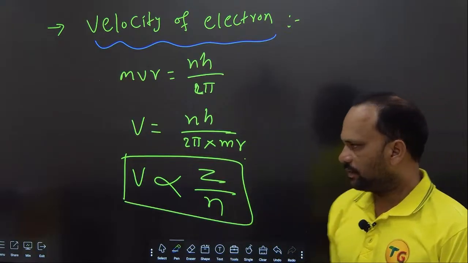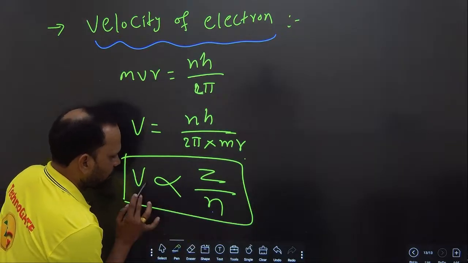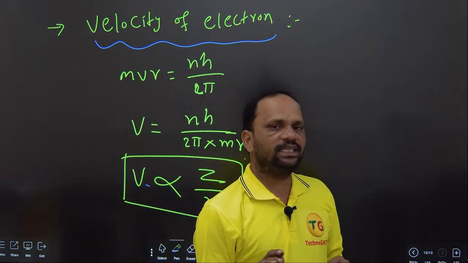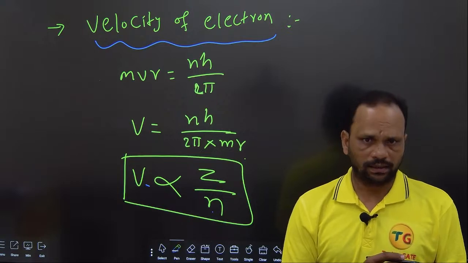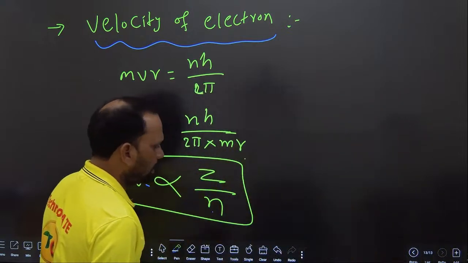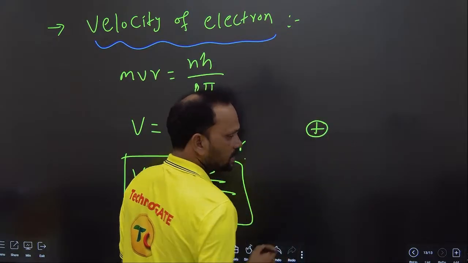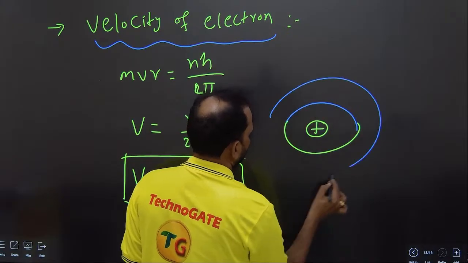Here, if you observe, the velocity is inversely proportional to the principal quantum number. But in the previous case, radius is directly proportional to n. Here it is the nucleus, and around this nucleus electrons are rotating.